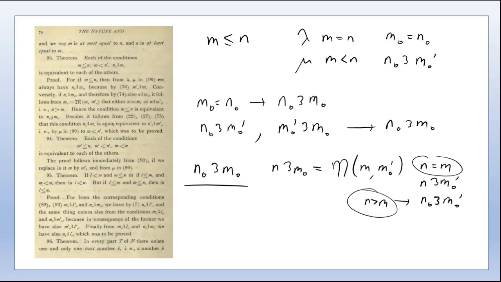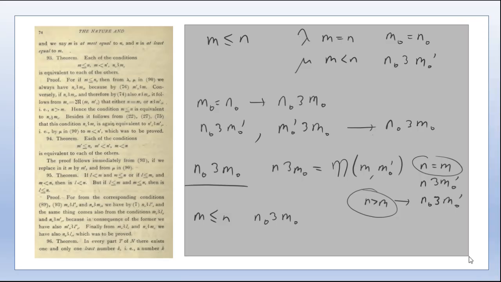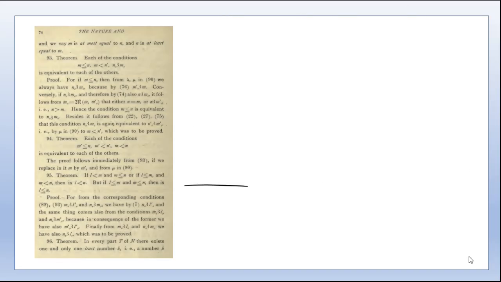So we've shown that the two conditions, m is at most equal to n, and n naught part of m naught are equivalent. What about the last one? Let me just clear a little bit of space.